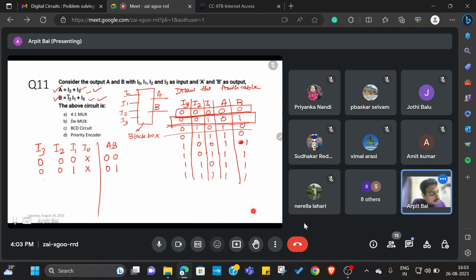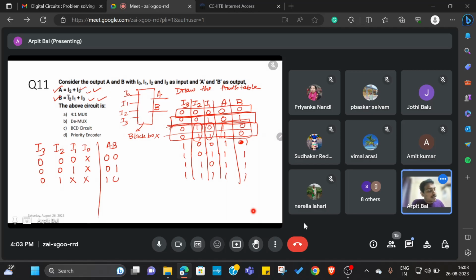Okay, so if it is 0, 1, we observe that I2 is 1, and irrespective of what I1 is, the output is 1 0. Observe these two cases. Irrespective of what I1 is, we don't care about I1 and we never cared about I0, so let us put a cross here.